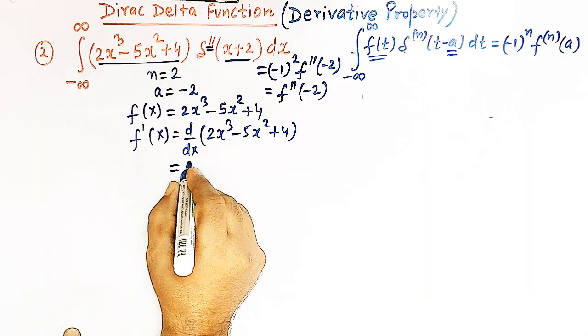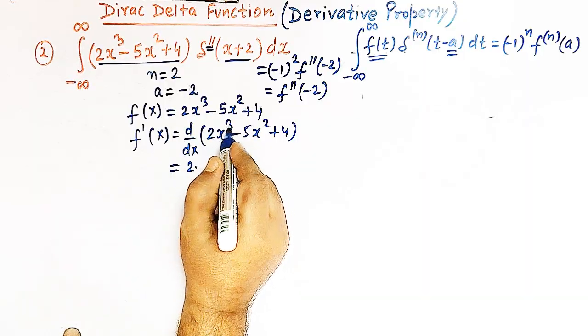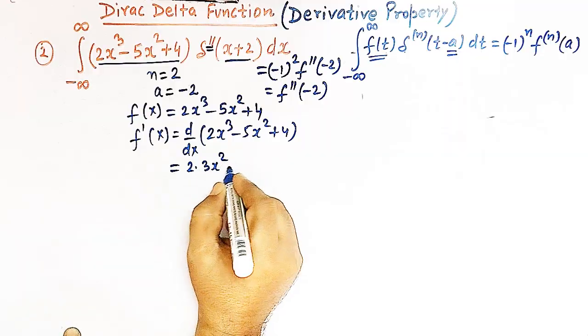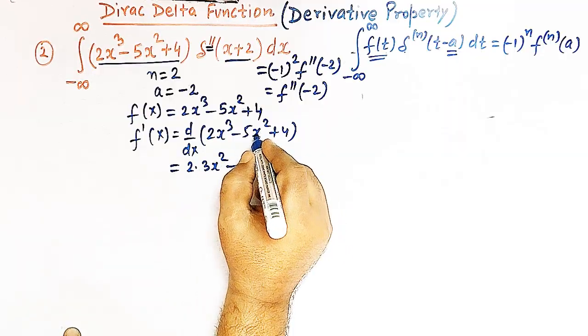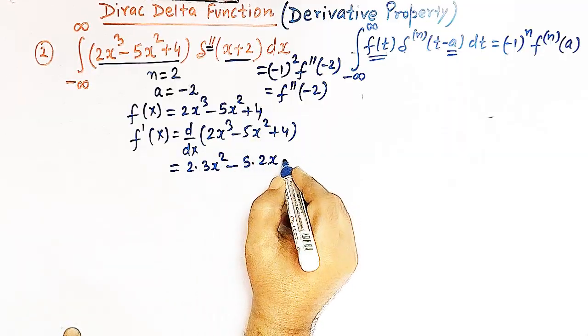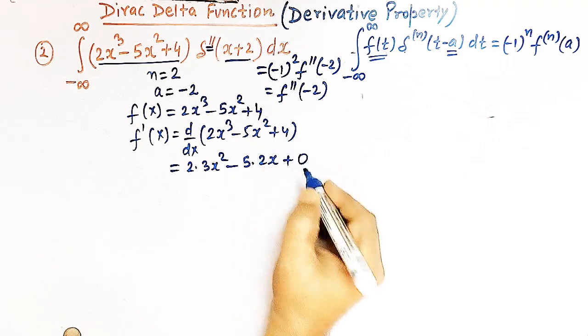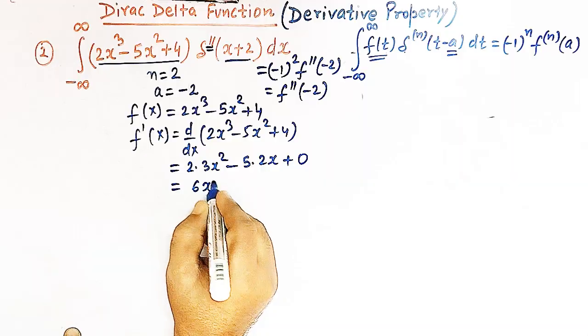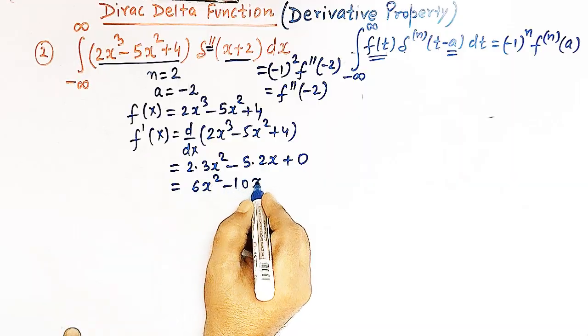So this is 2 times the derivative of x cube with respect to x, which is 3x square, and here the derivative of x square is 2x, and the derivative of 4 is 0. And here we have 6x square minus 10x.